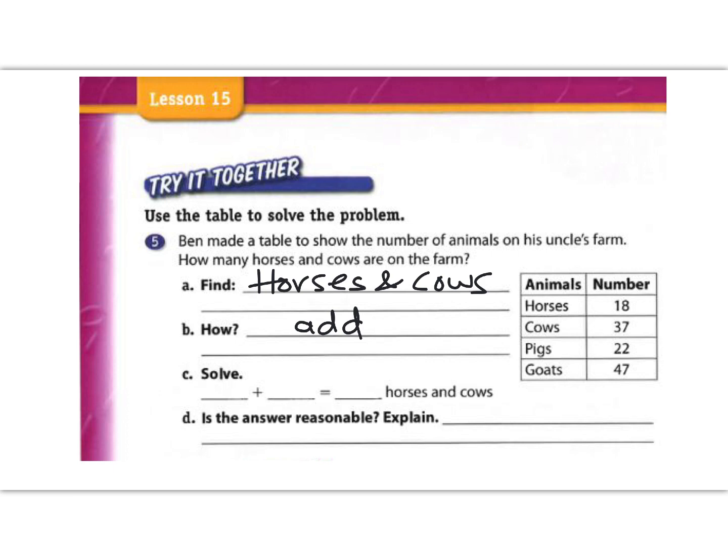Horses, there are 18. Cows, there are 37. So I'm going to line up the place values to add. 8 plus 7 is 15, so we got to regroup. We're going to leave the ones, carry the 10. 1 plus 1 is 2, plus 3 is 5. So there are 55 horses and cows.